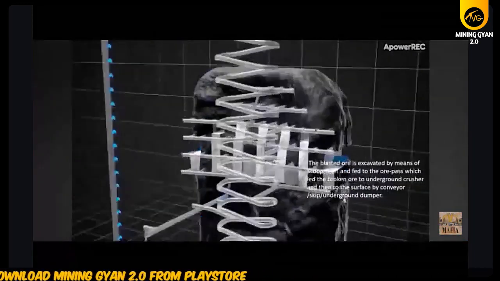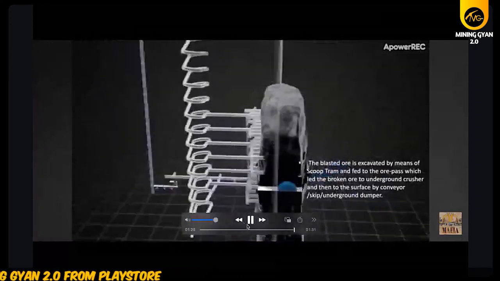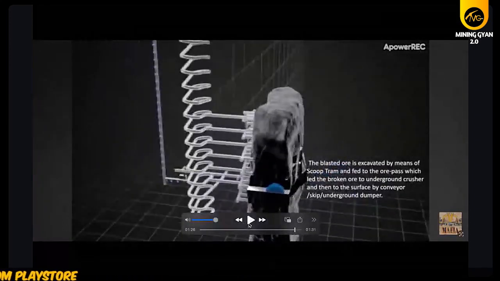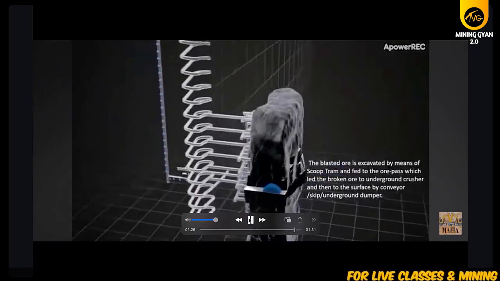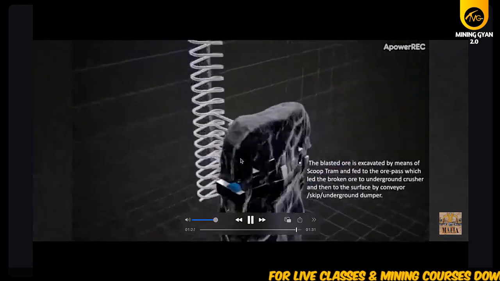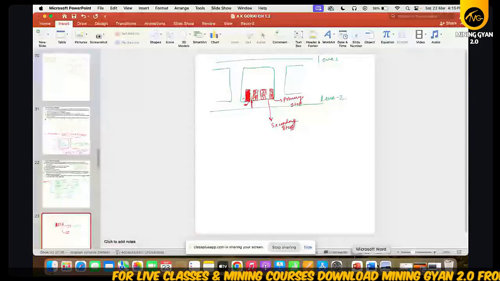It will go to the underground crusher, and with the help of conveyor, skip or underground dumper we can excavate that material. Okay, we have discussed the sub level stopping method.